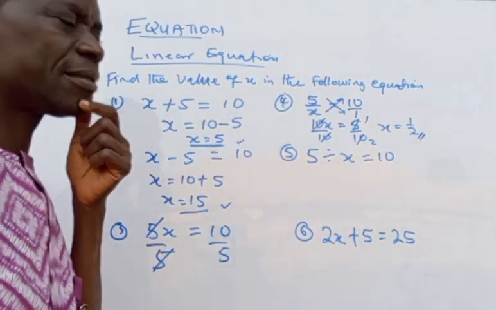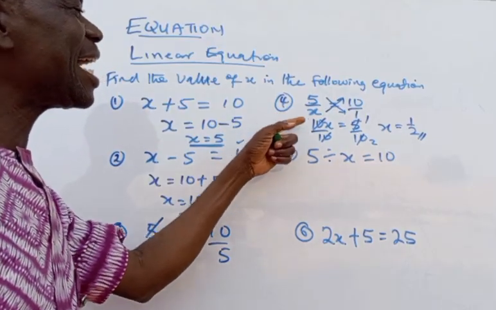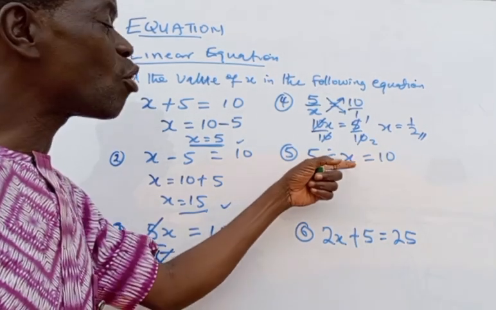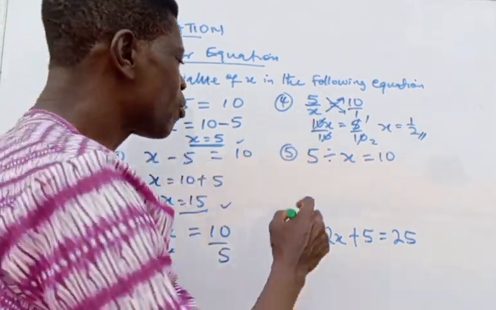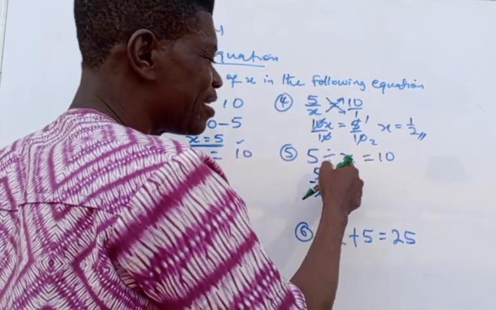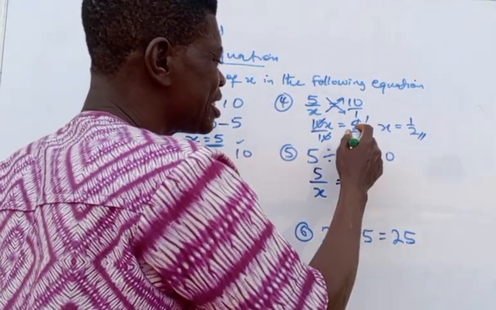Hope I'm not too fast. Now look at this. These are two different ways of writing the same thing. You don't work with this sign, so you change to this sign, which becomes 5 over x. It says as well 5 divided by x is equal to 10. You put 1 under, so it's the same thing as this.